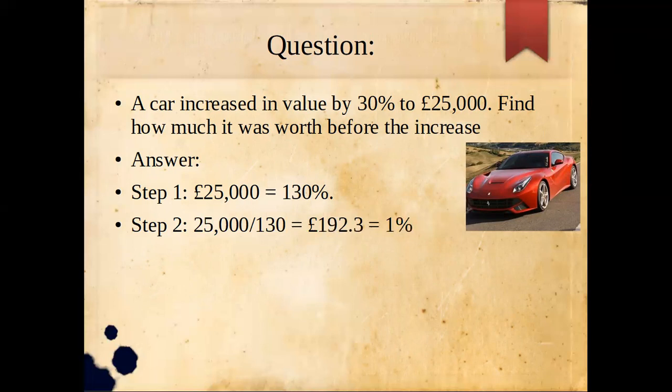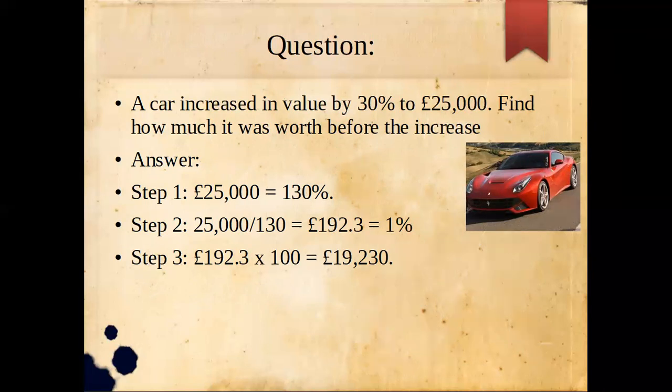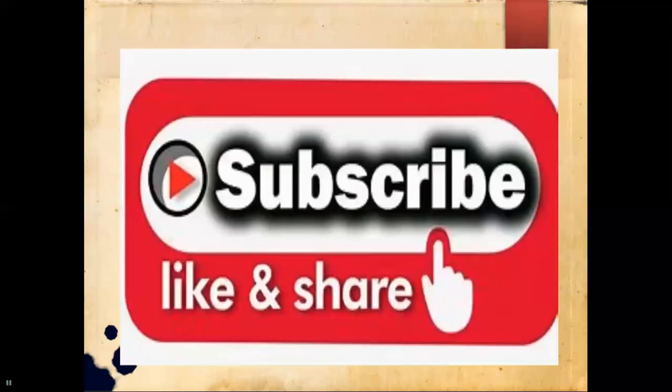Then to get 1%, we divide by 130, which gives us £192.30, which is 1%. Then we multiply that by 100 to get the original value, which is £19,230. This makes sense again because the car was worth less and then it increased in value, so it should be less than £25,000. That's a good way to make sure you've got the answer right.